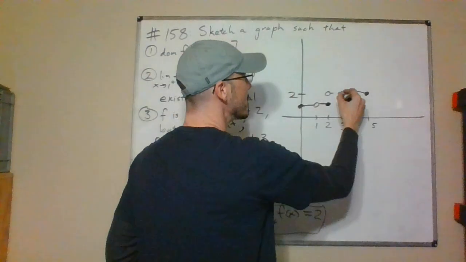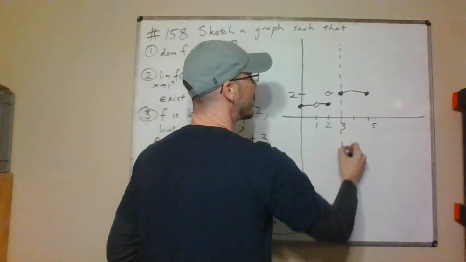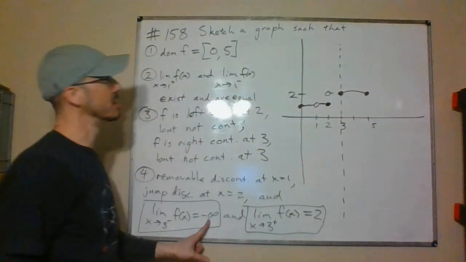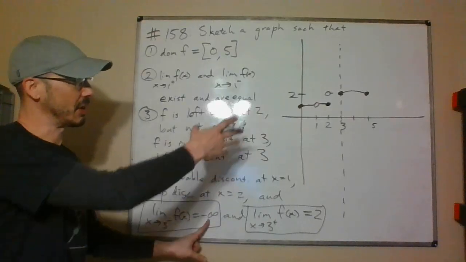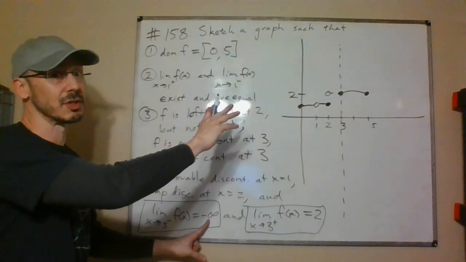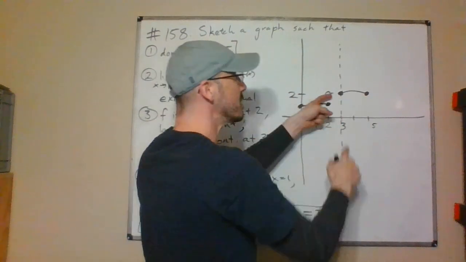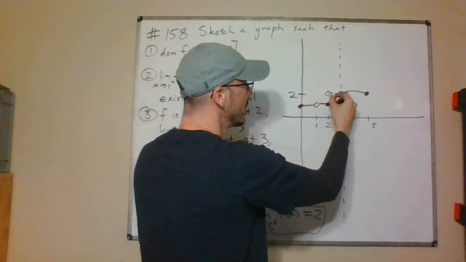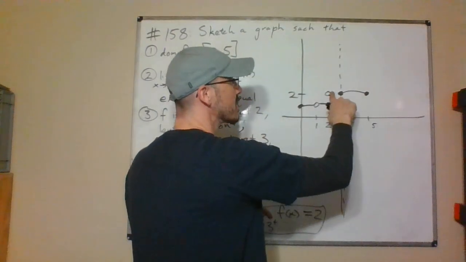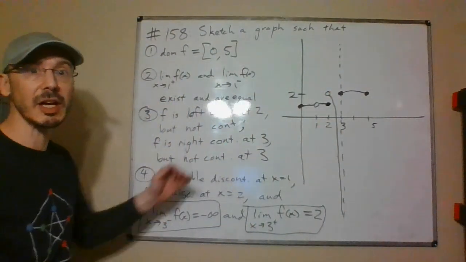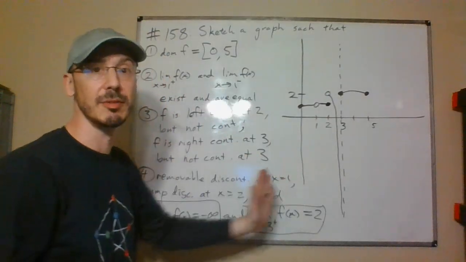So at 3, even though I've got a value there, by the way, this isn't a rational function. It's got a value defined on its asymptote. Rational functions don't have that, but it's okay. As we approach 3 from the left, it's got to go down to negative infinity, coming at that asymptote from the left-hand side.